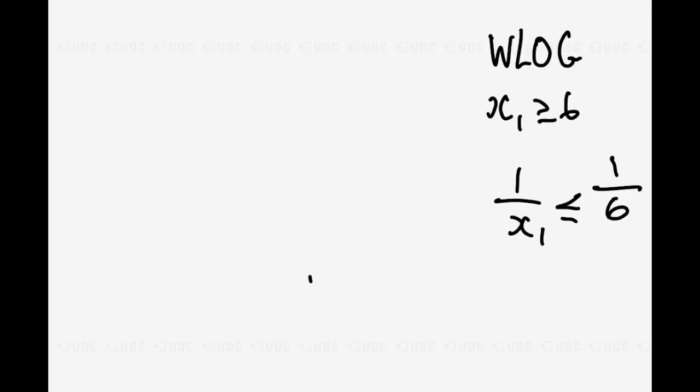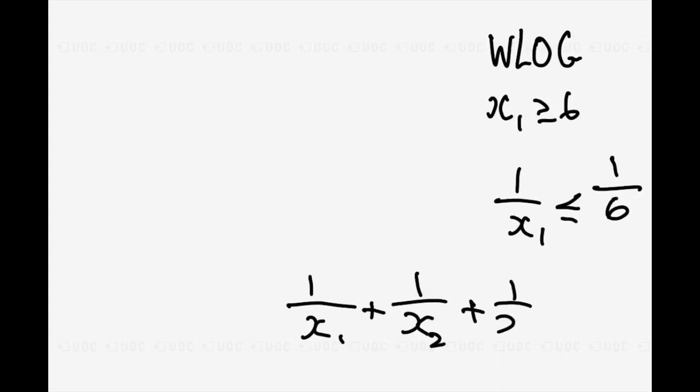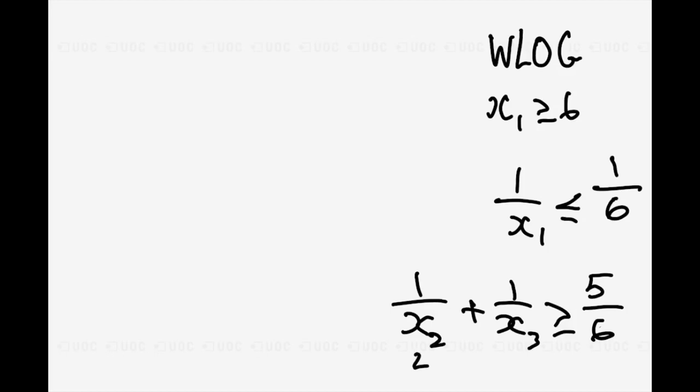Alright, that means from the second equation, 1 over x1 plus 1 over x2 plus 1 over x3 is 1, we get that 1 over x2 plus 1 over x3 is greater than or equal to 5 over 6. Now, the greatest possible value of this is 1, where x2 is 2 and x3 is 2. But then 1 over x1 would be 0, which is impossible.